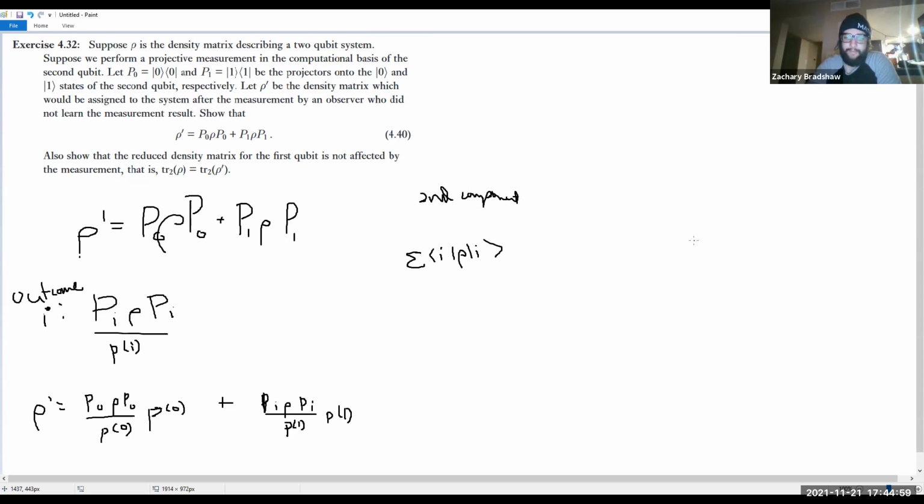Okay. So the partial trace of rho prime, well, we already figured out what rho prime is, so we can just plug that in.